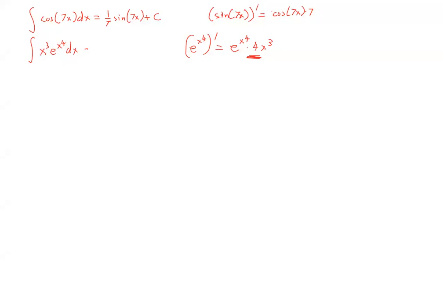So what will the antiderivative be here? 1/4 e to the x to the 4th plus c. We're going to formalize this much more when we introduce the method of substitution, but we can see that there are plenty of things that we can do from a very elementary perspective.